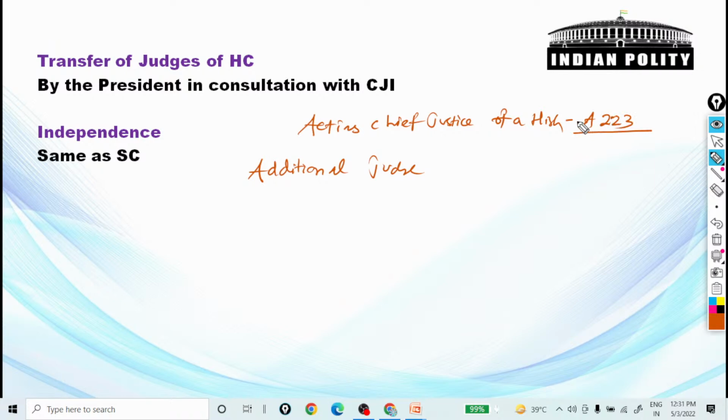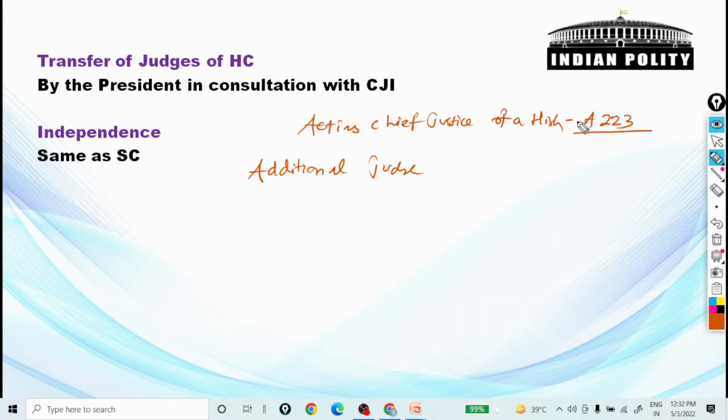In Article 223, there is a provision for an acting chief justice of the high court, like Article 126 for the acting chief justice of India. So that is 126, and it is 223.